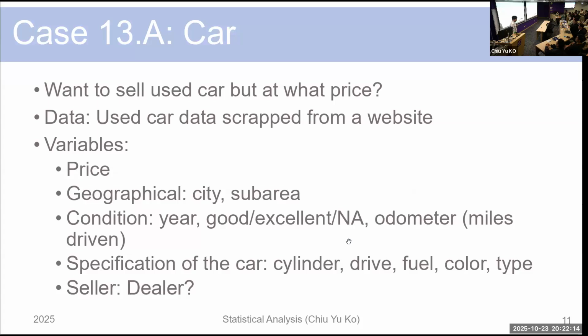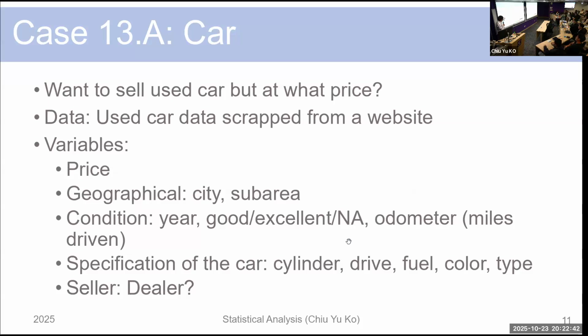I hope, different from her class, sorry, I show you another way to do this calculation. So the example we use is a used car data, okay? The data is grabbed from a website, and describes used cars based on different variables. You can see the thing we want to look at is the price, right?